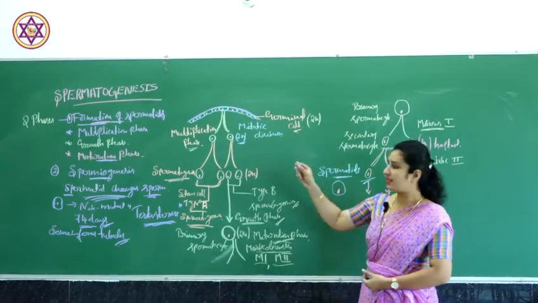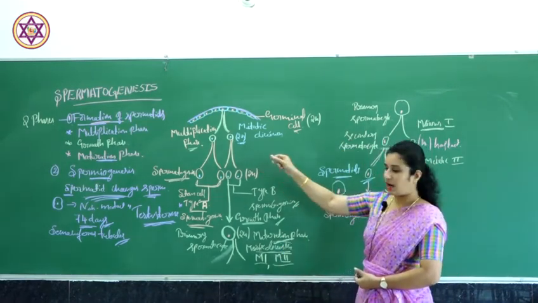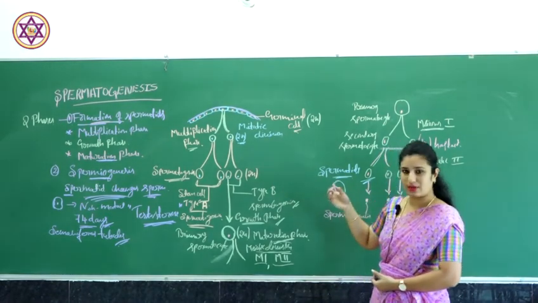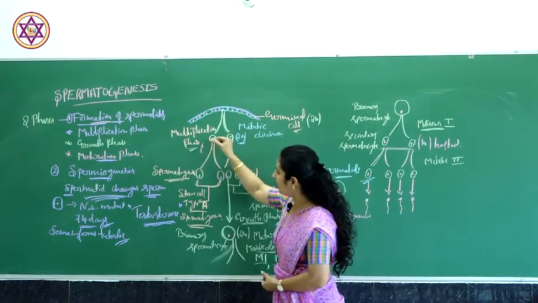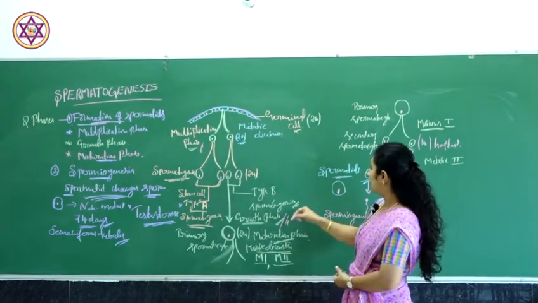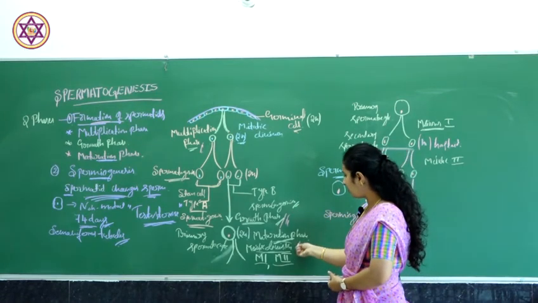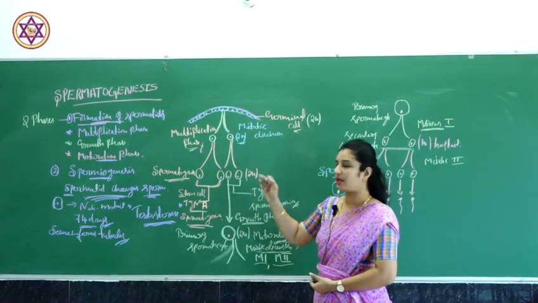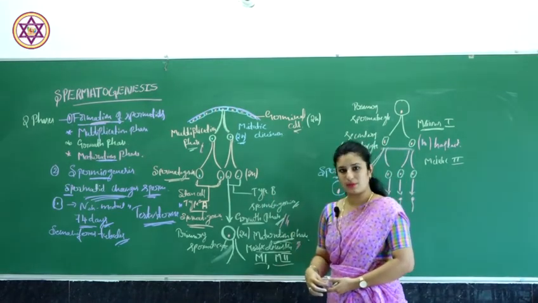So, the first phase is the formation of spermatids. Under the formation of spermatids we have 3 phases: the multiplication phase, then the growth phase, and the next one is the maturation phase.